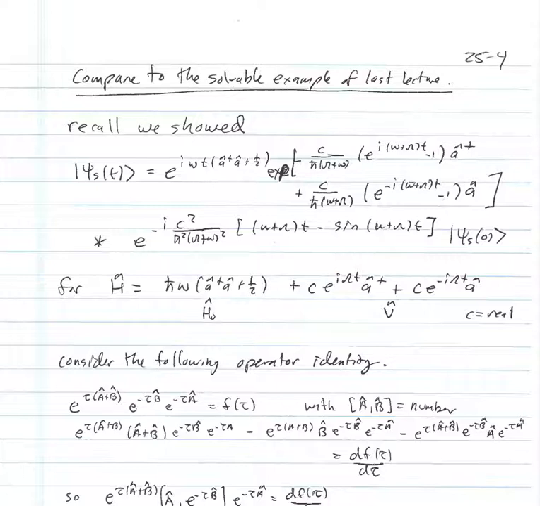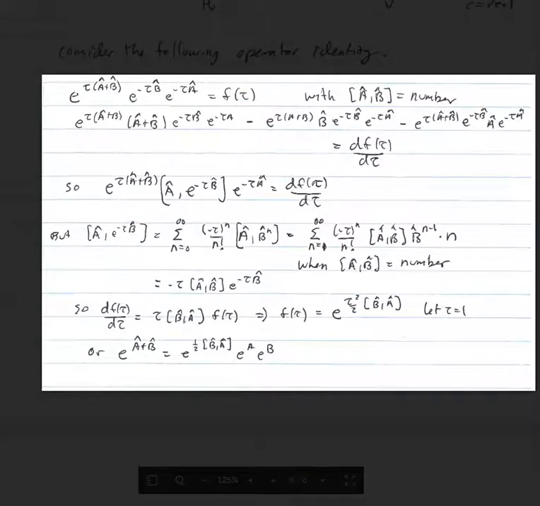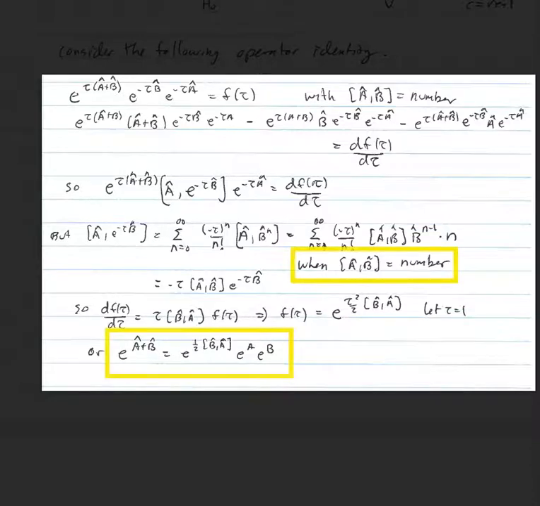Now, we know how to handle this term that has the exponent of the a† and the a. We use this BCH identity. It's quickly derived for you here, but we really derived this earlier in the class. I will let you take a look at the notes to look at the derivation again. But what we know is that e^{A+B} = e^{-(1/2)[B,A]} e^A e^B, and this holds whenever the commutator of B with A is a number, not an operator.